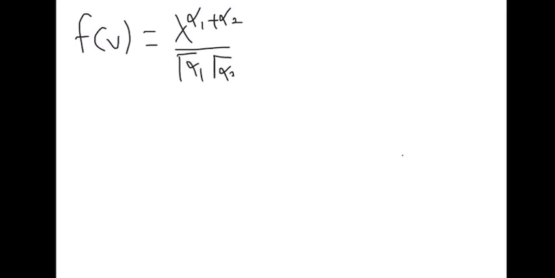Before that, we've already written lambda raised to power alpha 1 plus alpha 2 divided by gamma alpha 1 gamma alpha 2, and we've also copied out v raised to power alpha 1 minus 1, 1 minus v raised to power alpha 2 minus 1.